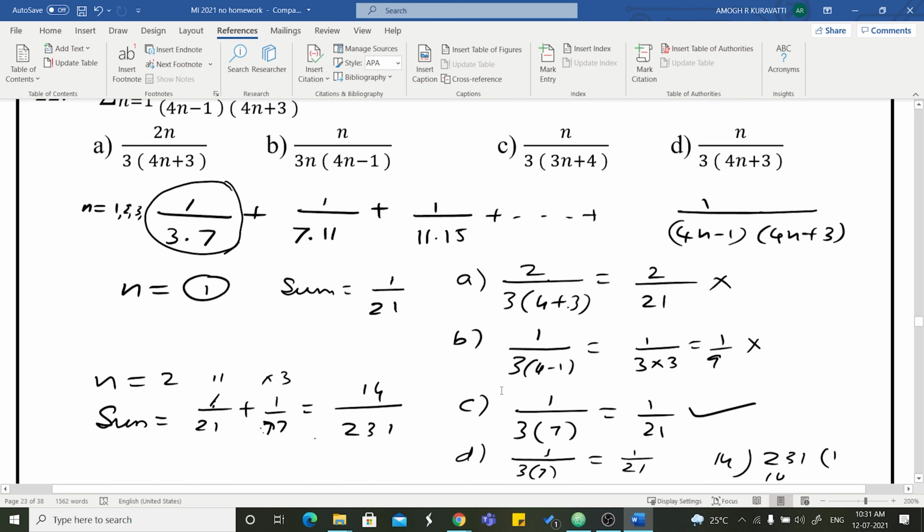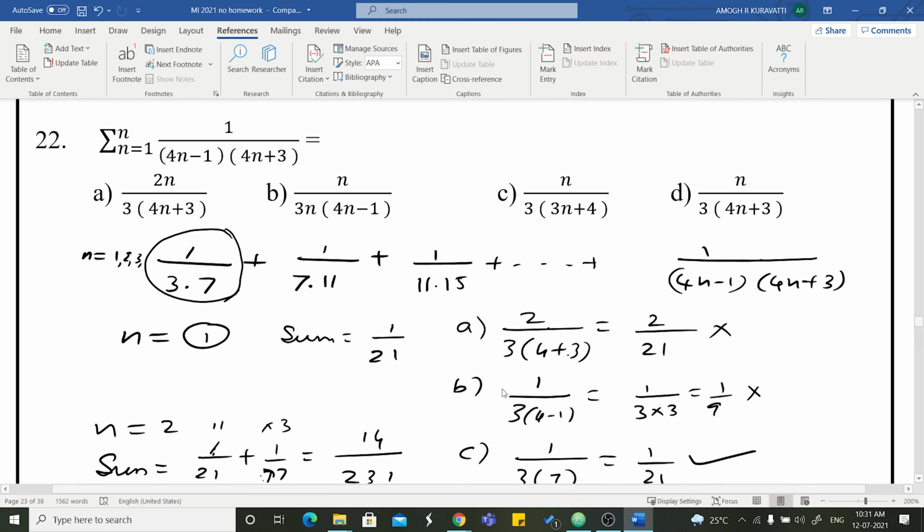So here this is option D: 3 of 4n minus 3, not plus 3. Make the correction. So option C is the right option.